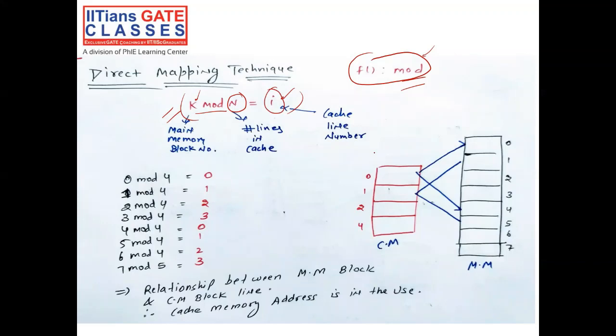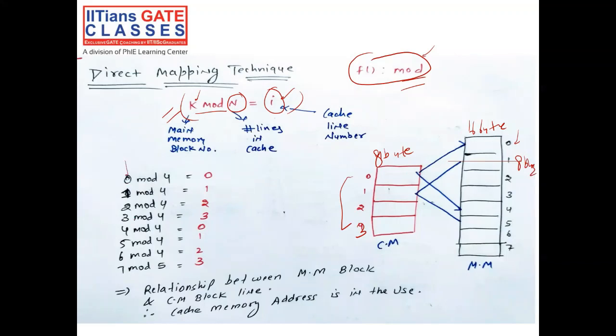See, this is 8 byte, and this is 16 byte. We divided our 8-byte memory into 4 blocks, and we divided our 16-byte memory into 8 blocks. Now, how do all the blocks of the main memory map to the cache memory?